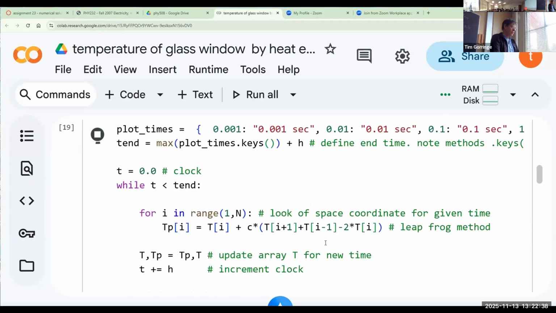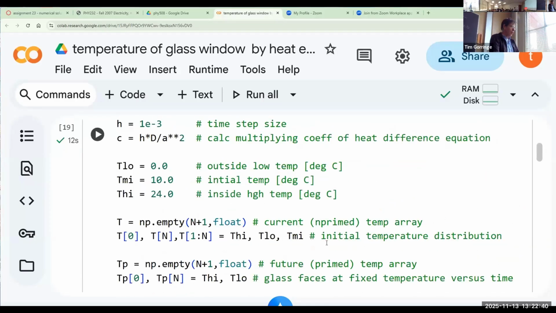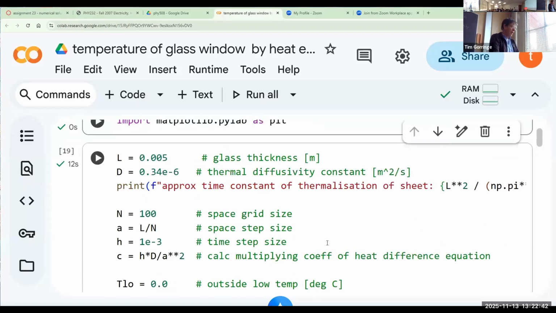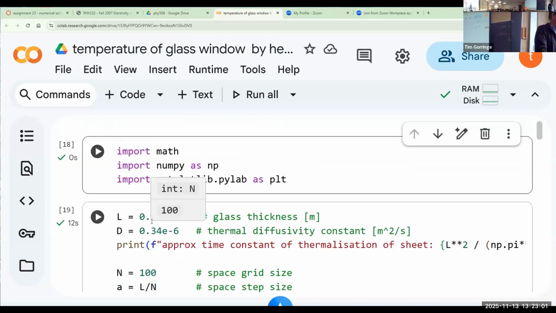It's not a very long code. It's just this one cell here. And most of it's either setting up initial values of parameters or plotting the results for the temperature as a function of time. The actual calculation is just a few lines. So let's just walk through this.